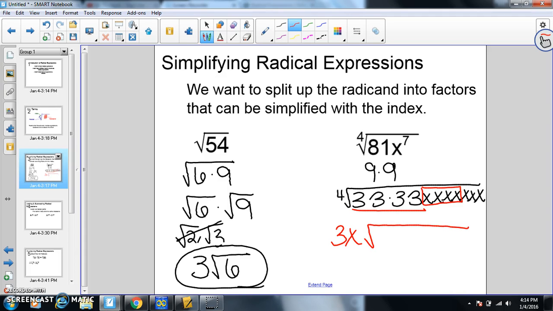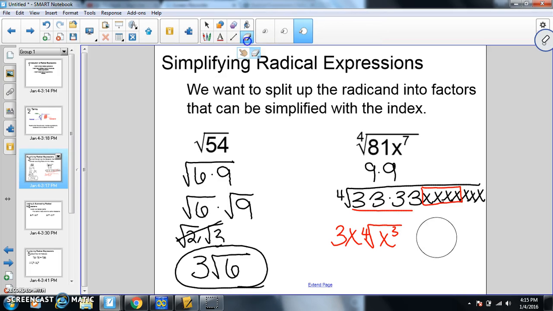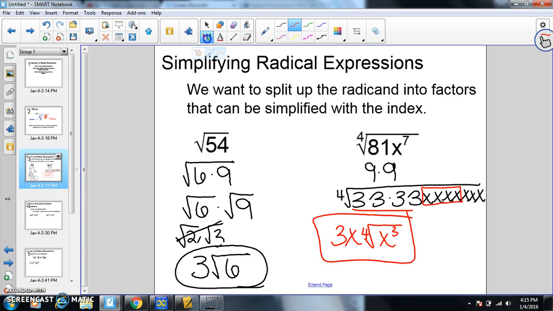Then going to write what I have left. And I have x to the 3rd power. So this 3x times the 4th root of x to the 3rd power is my simplified answer.